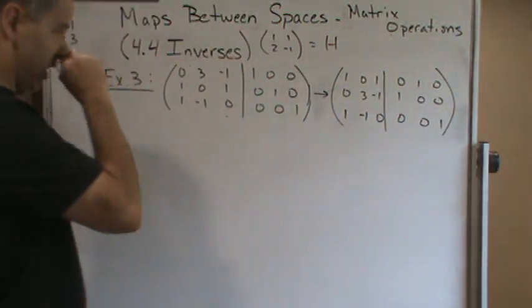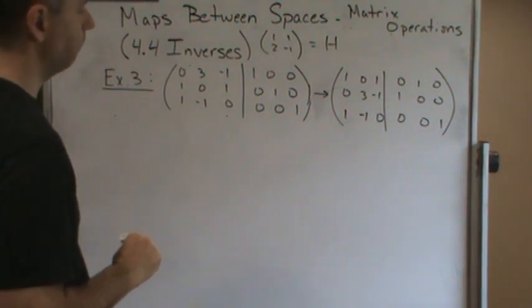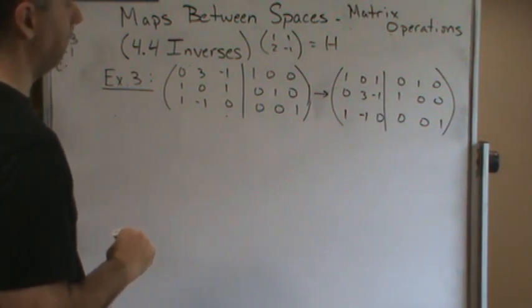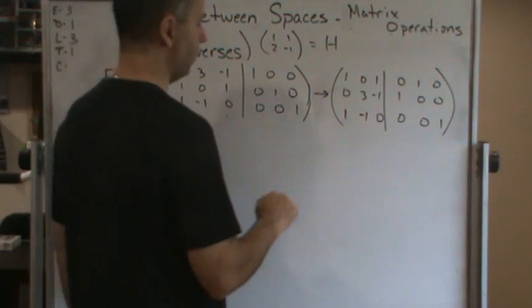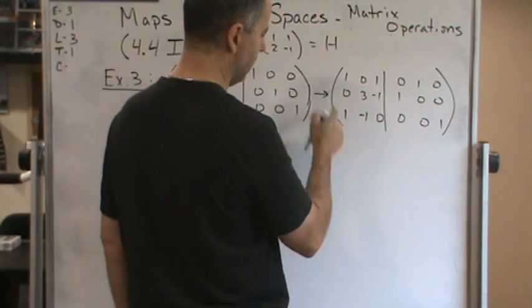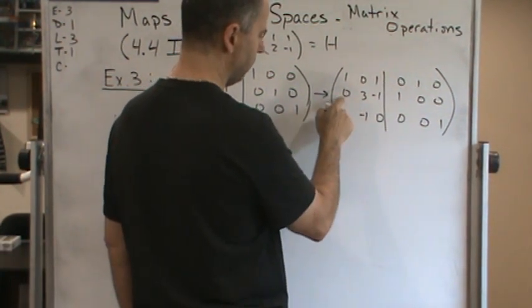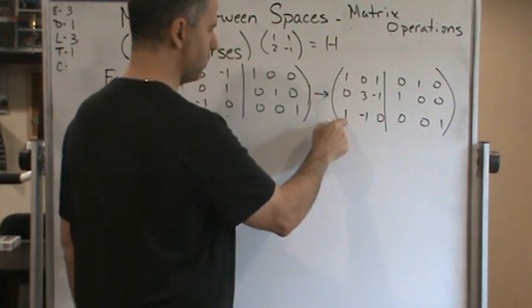Okay. Now there's a couple things I can do. The first thing is, now that I have a 1 here, I've got to get rid of these entries. This one is already 0. That's okay. Let's get rid of this 1.